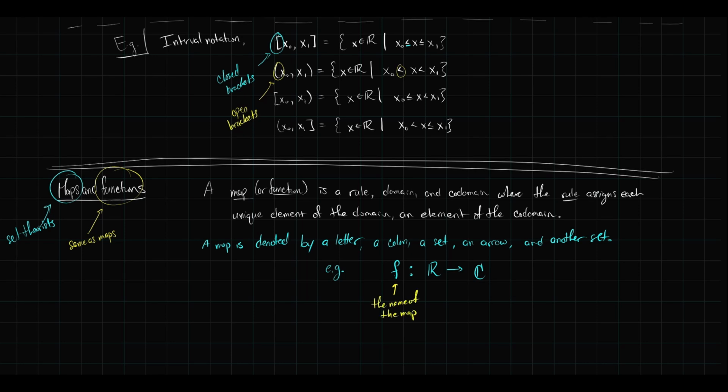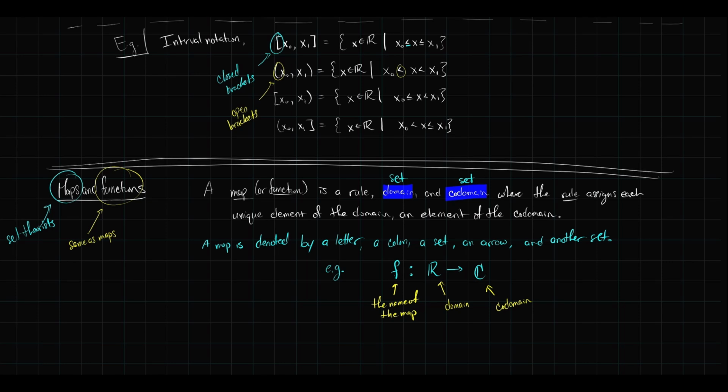So we can give maps names. The colon is basically meaningless. It just separates the name of the map from the domain and the codomain. And the domain and the codomain are always going to be sets. Set, set. So domain and codomain are always sets.